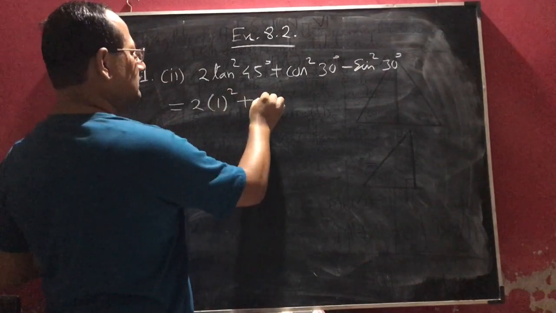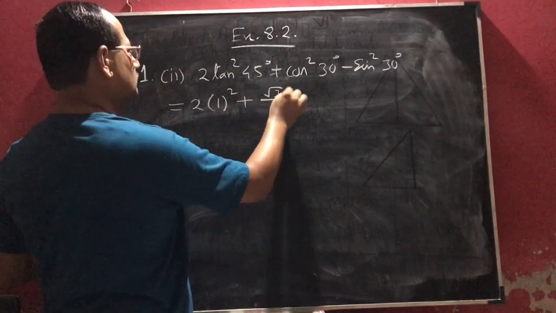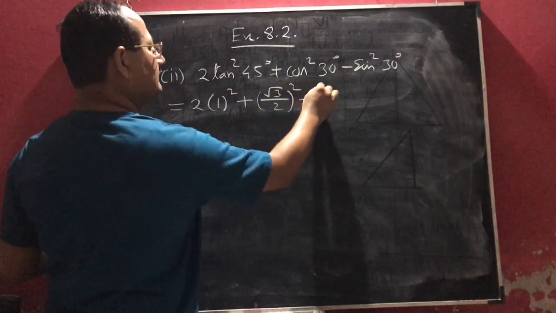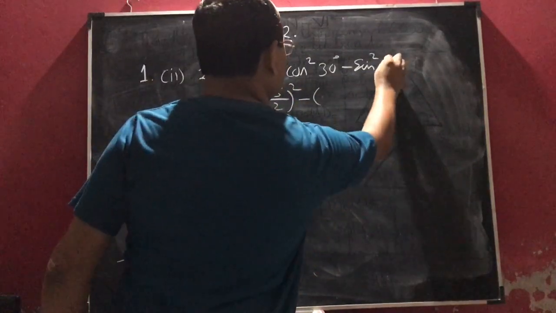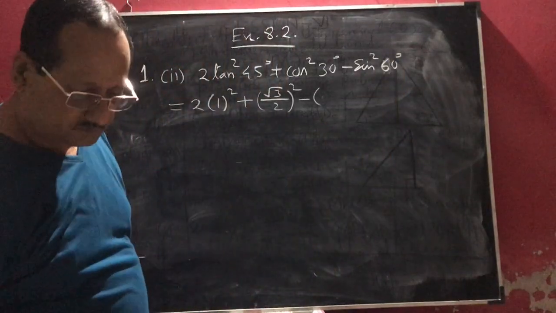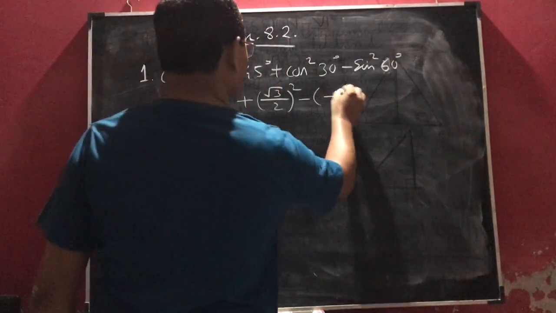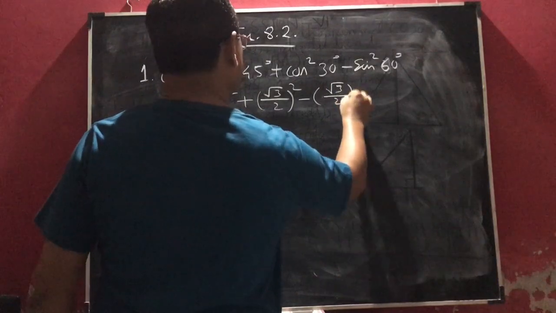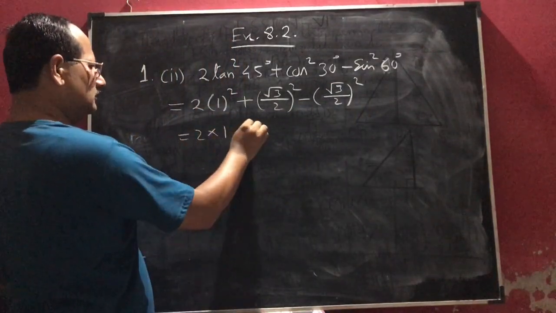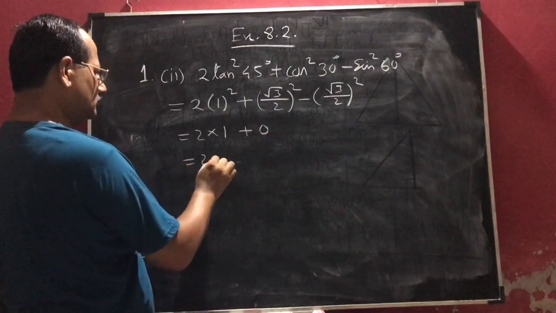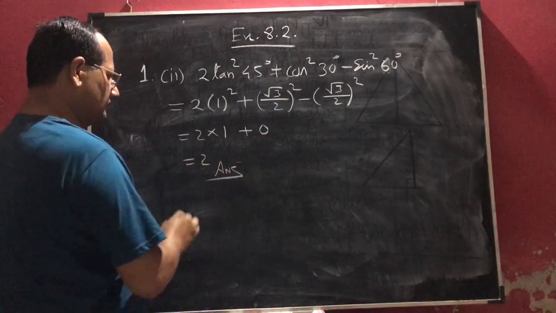Cos 30 degree is root 3 by 2 whole square, and sin 60 degree is again root 3 by 2 whole square. So these cancel. 2 into 1 plus 0, that is 2. This is the answer.